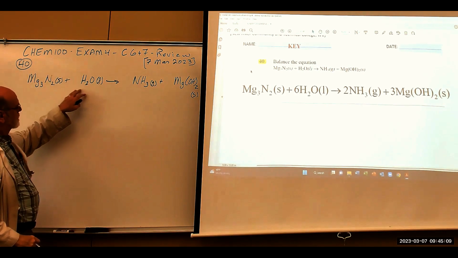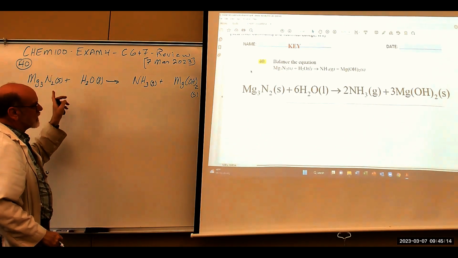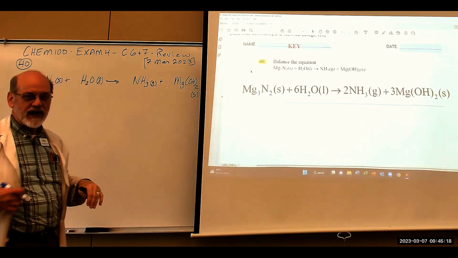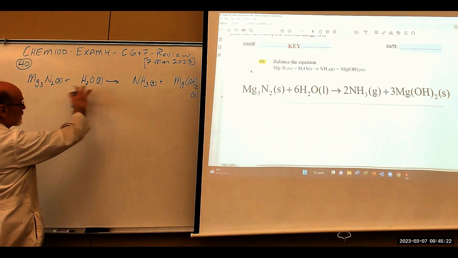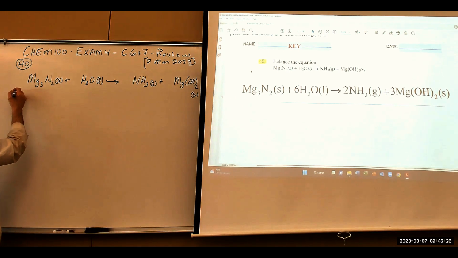Notice this is a polyatomic, but it's not over here. So we have to balance these element by element. We don't have any special tricks that we can use here. And there are no elements on either side that we can hold out. So let's do our tally first. Magnesium, nitrogen, hydrogen, and oxygen.